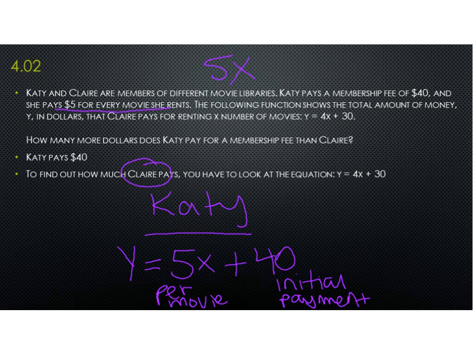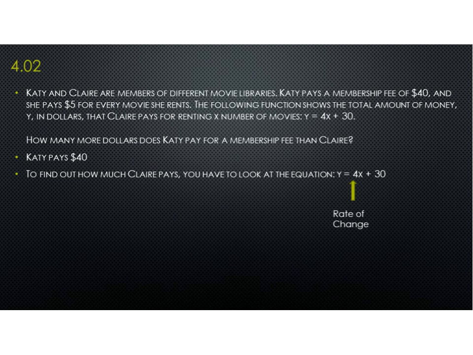Okay, so for this one, if you look at her equation, she pays $4 per movie and $30 is her initial payment for the movie membership. So Katie pays $40 for her membership fee, Claire pays $30.